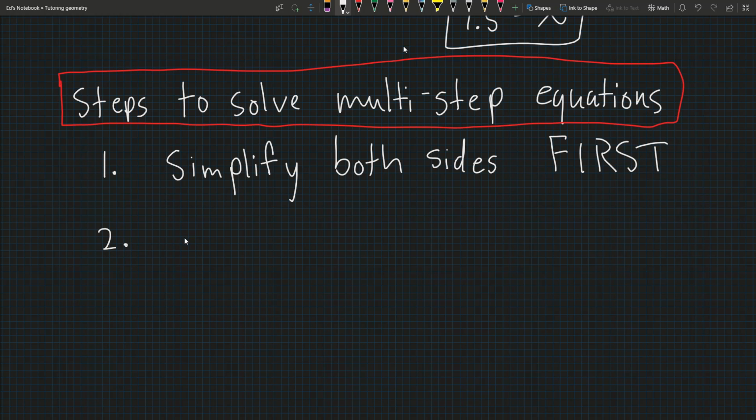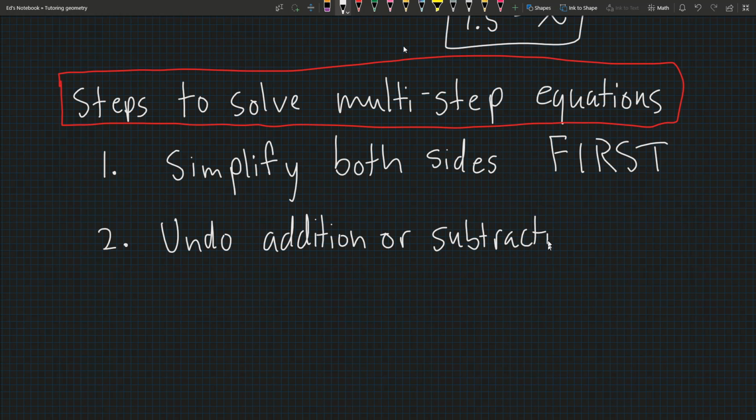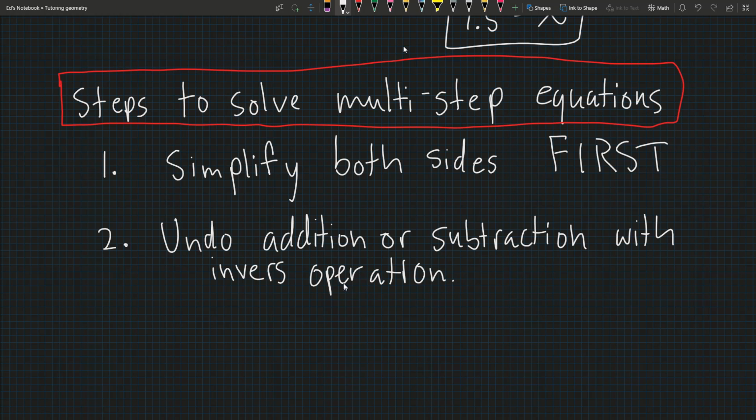Then we're going to undo addition or subtraction with inverse operations. So what that means is if it's addition, we're going to use subtraction, right? Inverse operation just means the opposite. So if it's subtraction, we'll add. So if it's like x minus 2, what do you do? You add 2 to both sides.